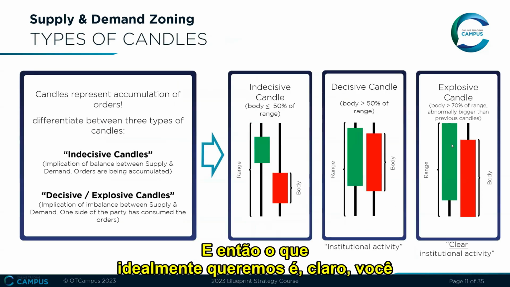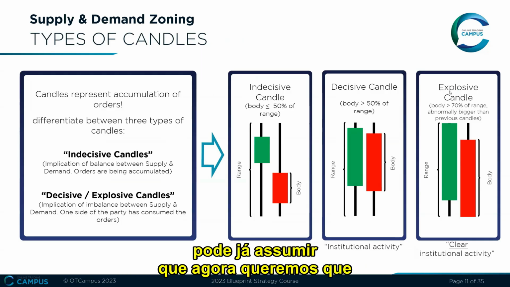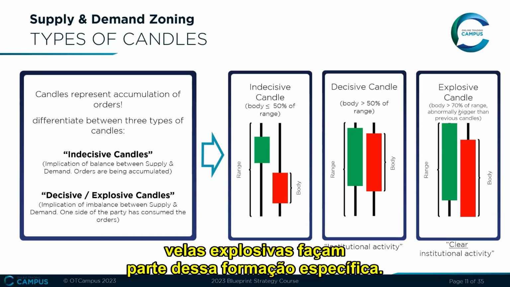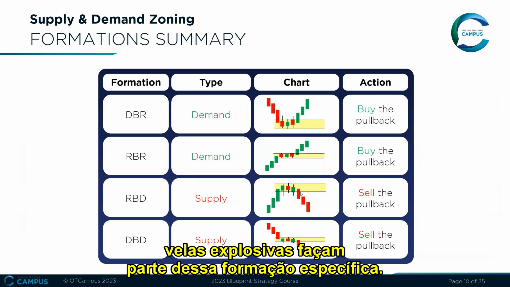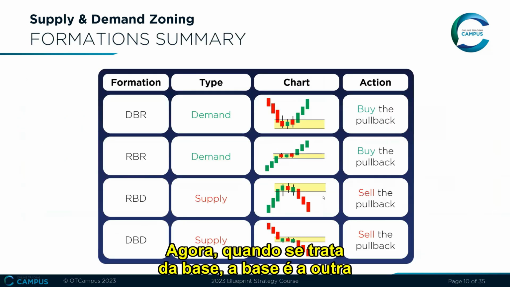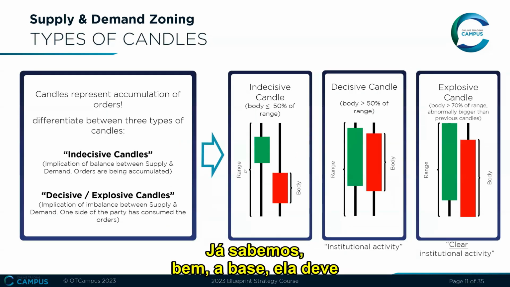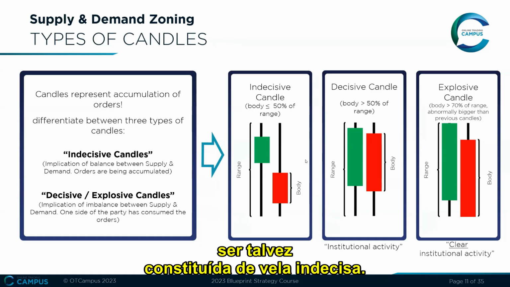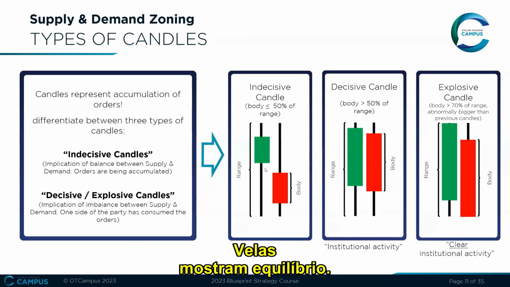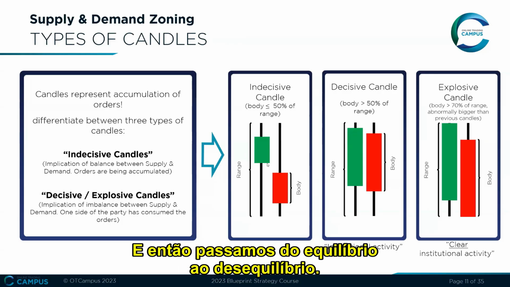And so what we ideally want is, of course, explosive candles to be part of this specific formation. Now, as it comes to the base, the base is the other thing that's important for us. We already know the base should maybe consist of indecisive candles, right? They show a balance, and then we go from balance to imbalance.